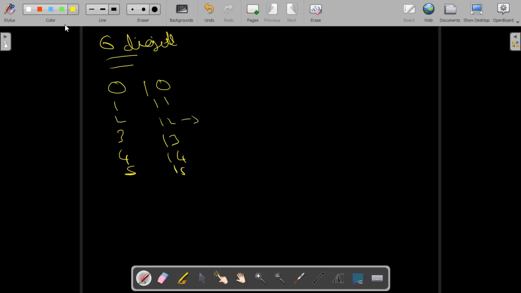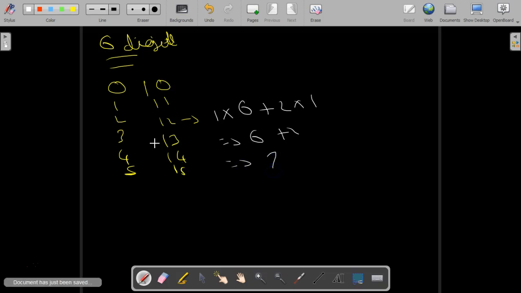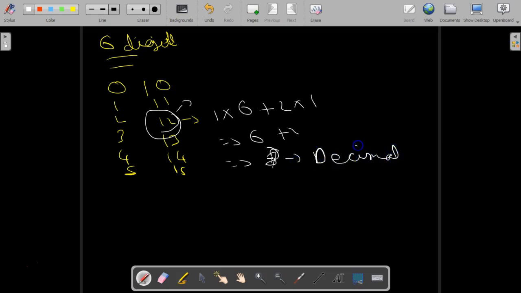As an example, if you convert this back to your decimal system, that would be 1 times 6, because you have 6 digits you're playing with, plus 2 times 1, and that would be 6 plus 2, which is 8. And 12 in your 6-digit number system is 8 in your decimal number system. This is decimal, right? And this is 6 digit.